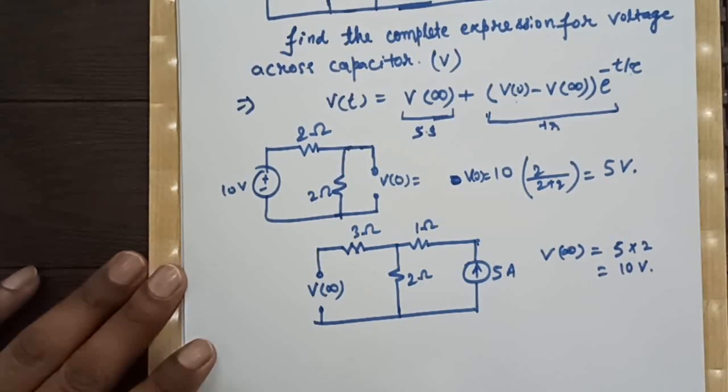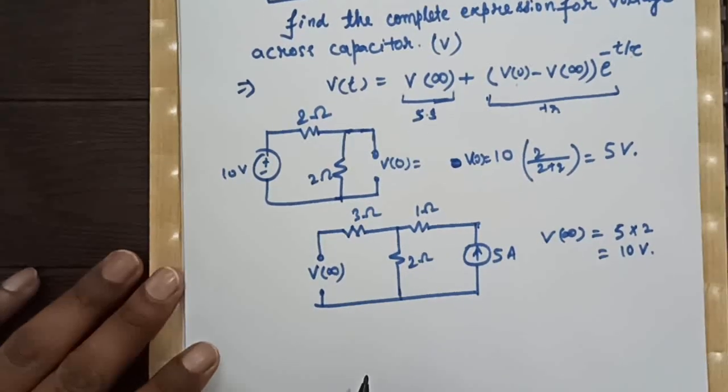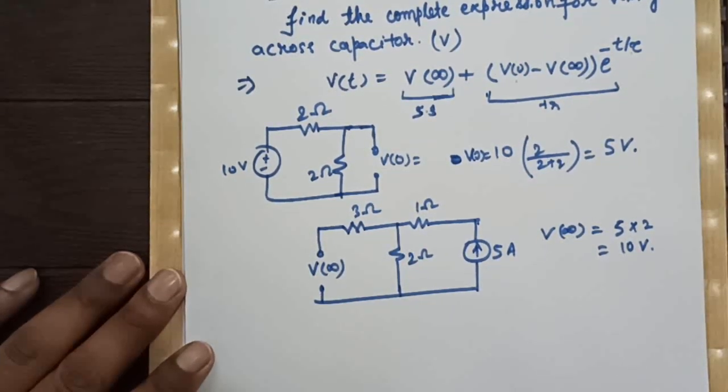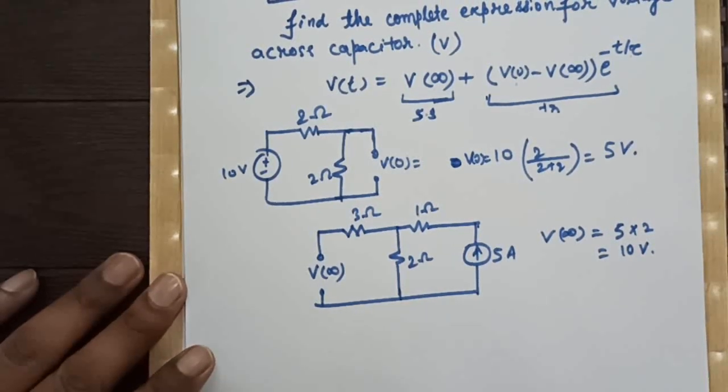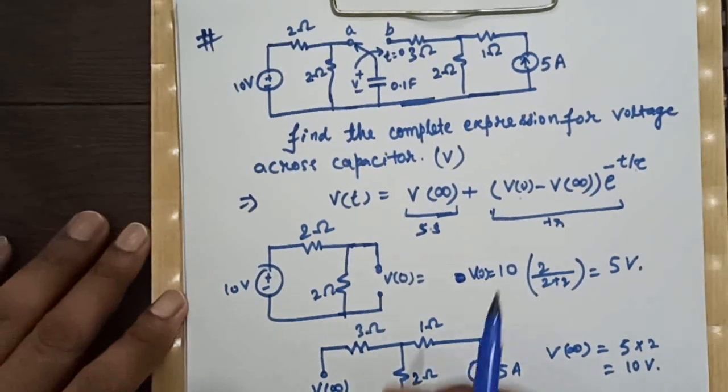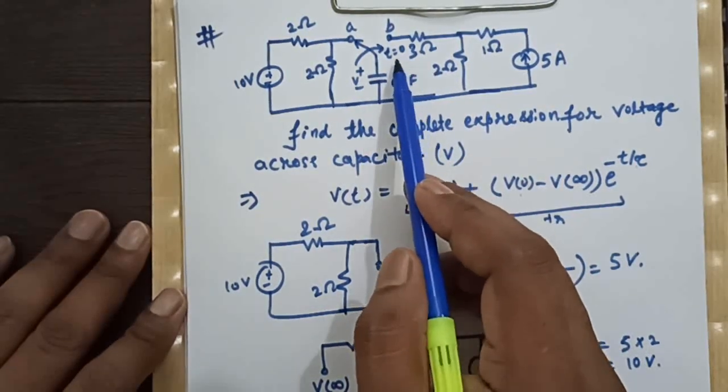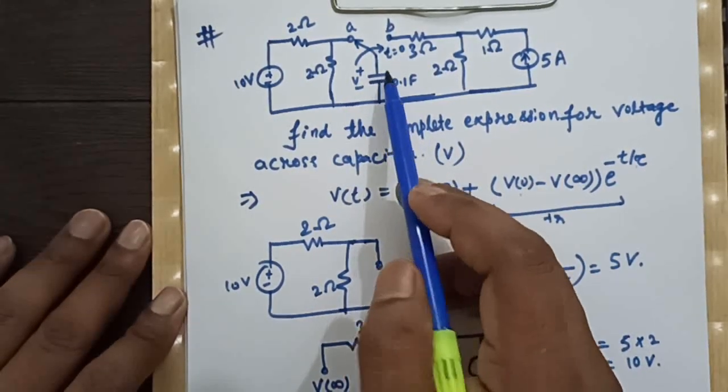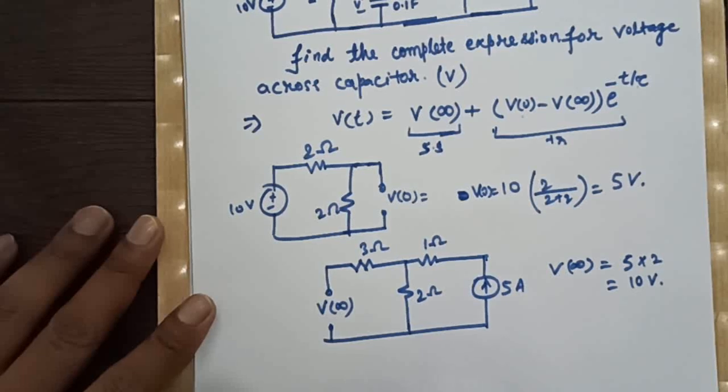Clear? Now our next target is to find time constant, that is tau. For the calculation of time constant, we know that the capacitor has the value 0.1, only single capacitor. So we have to find the equivalent resistance after switch operation across this capacitor. For that, what will be the circuit?